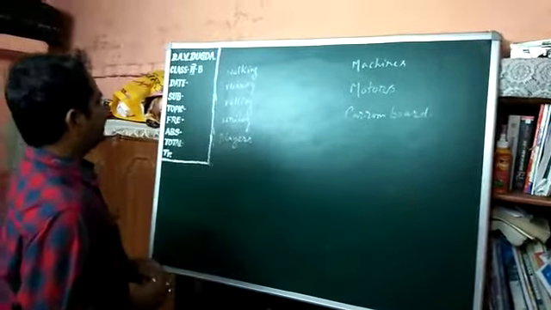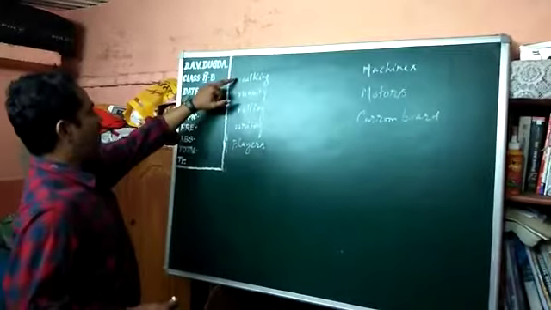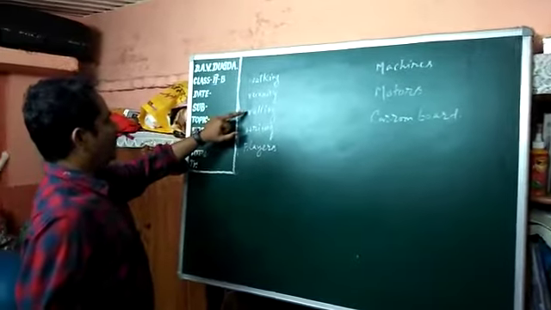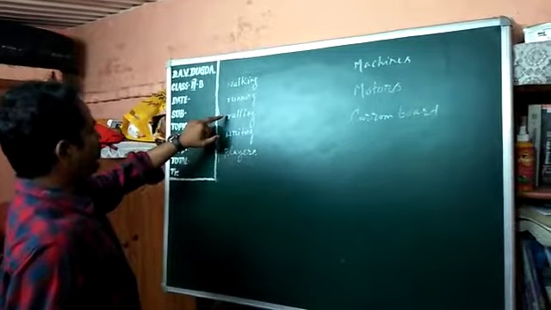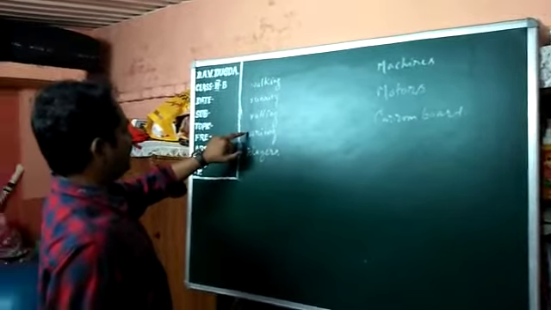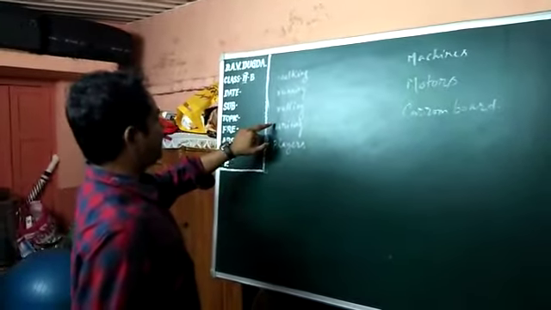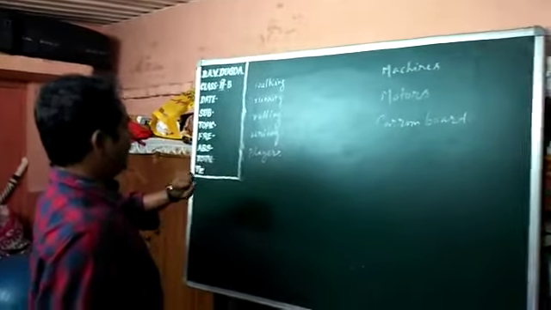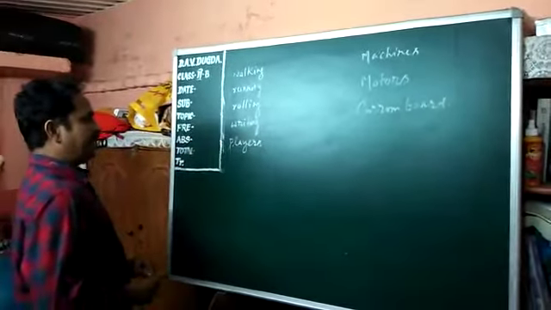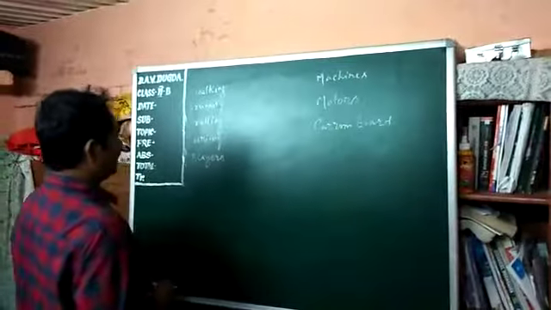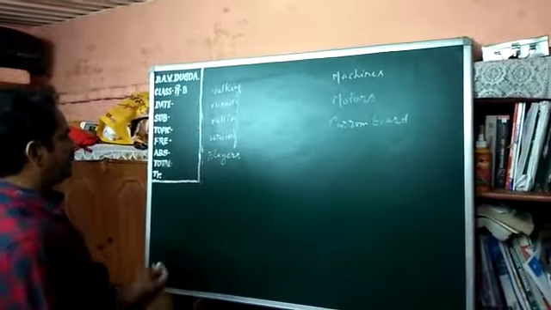So we want a higher value of friction while we walk, while we run, while a wheel rolls, while we write on a board or while we write on a paper. And some players need an increased value of friction, like kabaddi players.